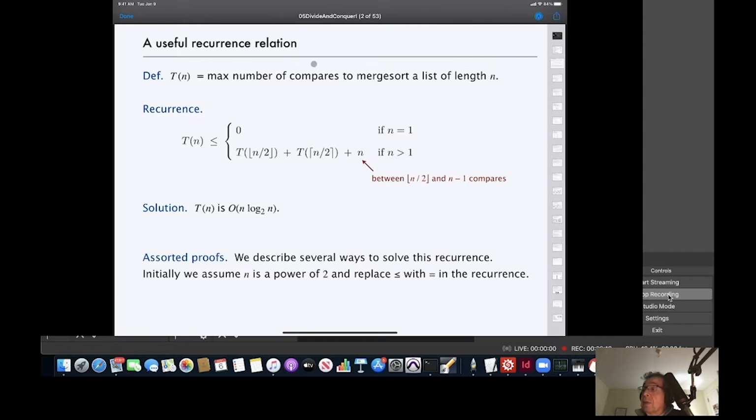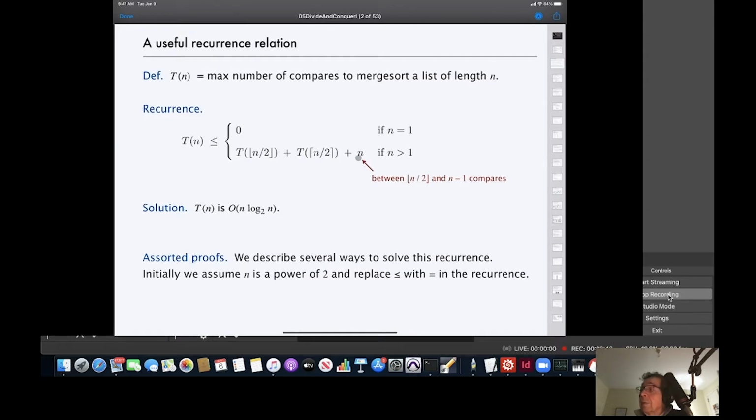Okay? So because of what we just saw, we can say that the time taken, or the number of compares taken, to sort an entry of size n is the same thing as the time dedicated to the first part plus the time dedicated to the second part plus the time required by the merging process.